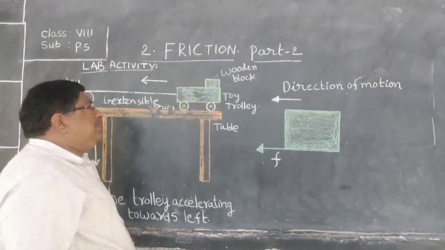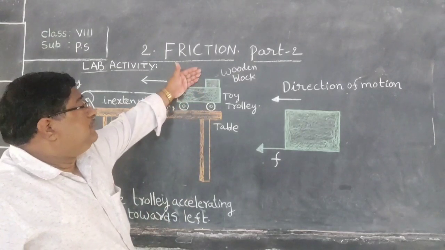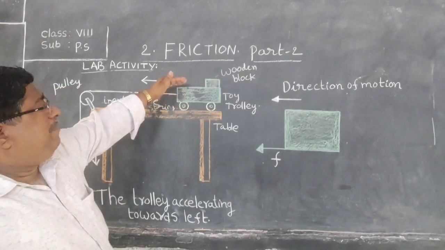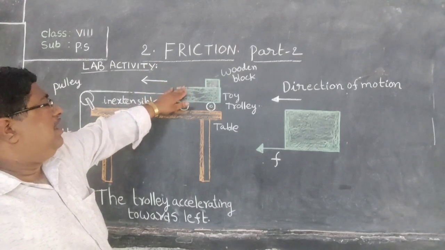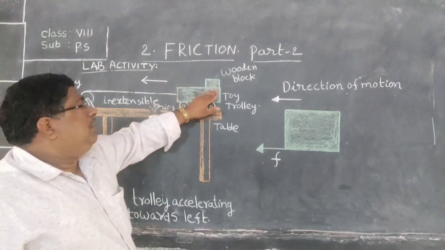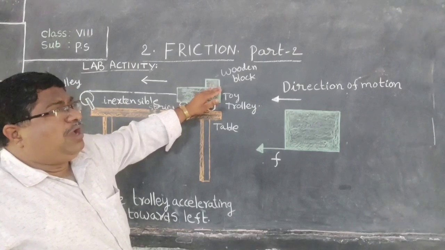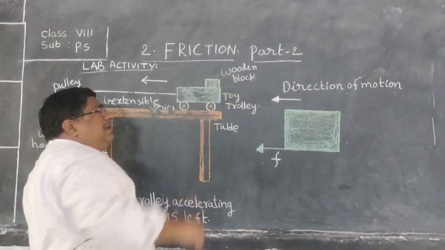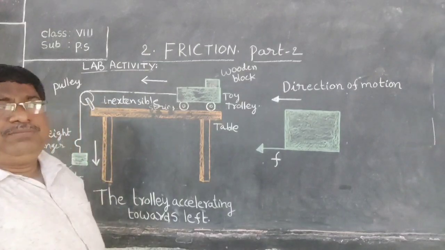But here the wooden block is also applying some force on the trolley, and it wants to move in the rightward direction.